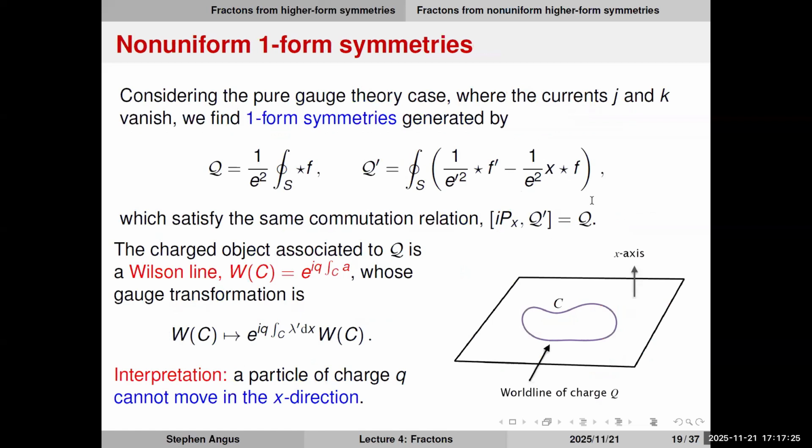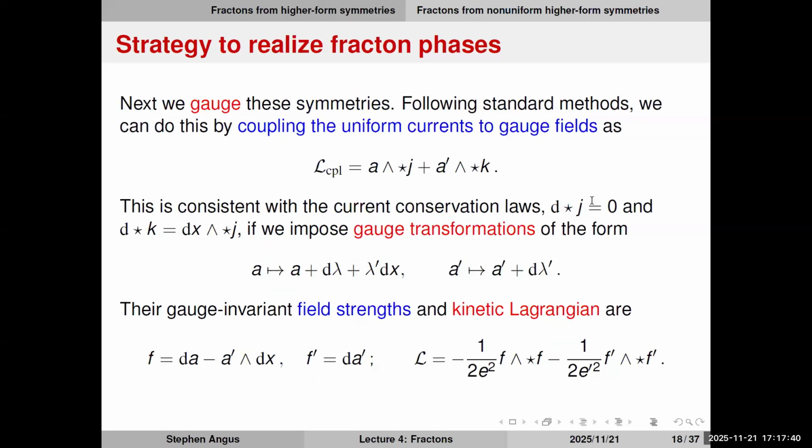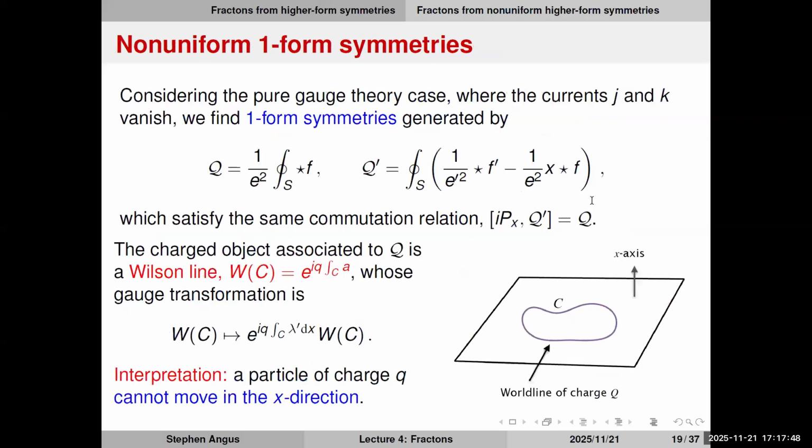Okay, so where do the one form symmetries enter into this? If we look at the pure gauge theory case, where we just have this part and not the currents that we started with, there are one form symmetries.